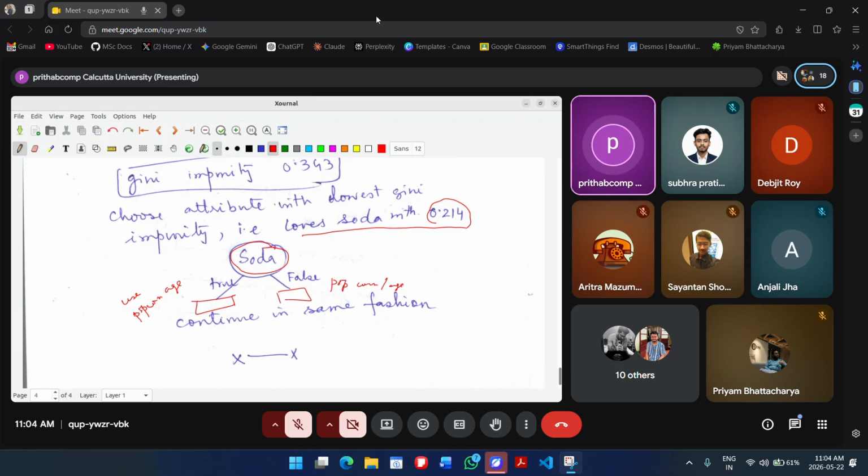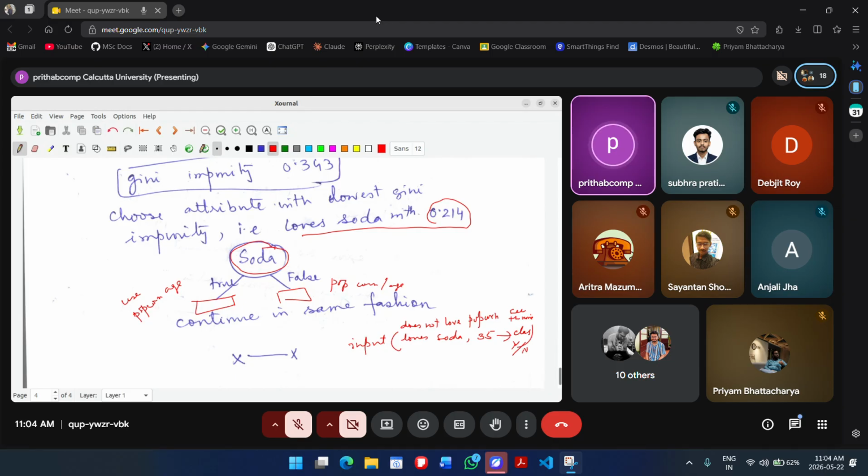So you build the tree top down in this fashion, and once you have built the tree, for a given new input, let's say I give the input that loves soda, but does not love popcorn, and let's say age is 35, then I want to find what is the class, yes or no, whether he wants to see the movie or not.